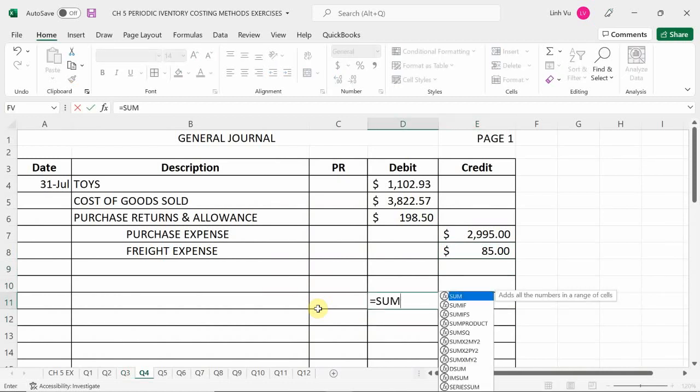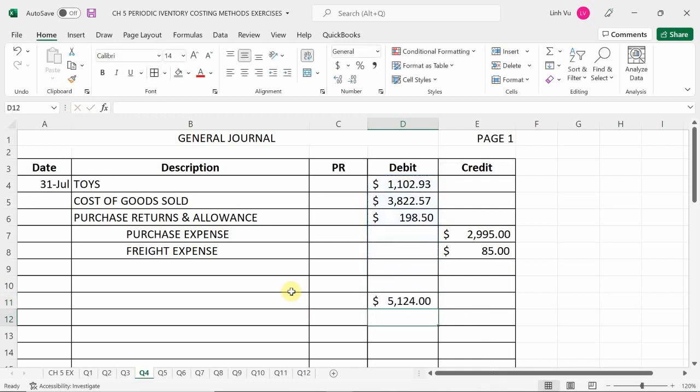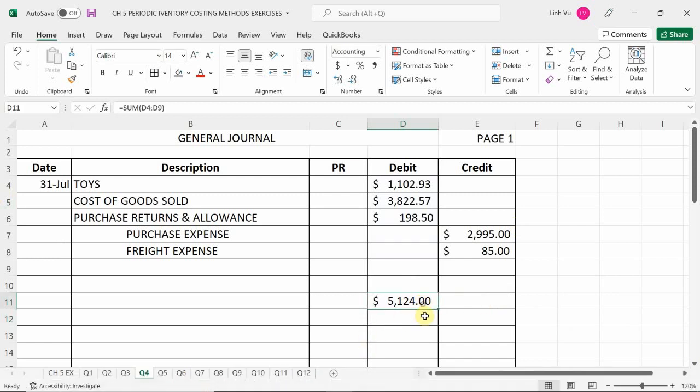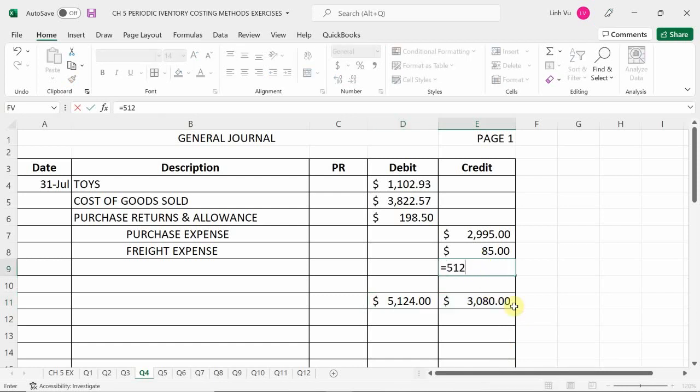Well, let's sum it, and then maybe that will help you. Okay, so I have a total of $5,124 on the left versus $3,080 on the right. So let's go ahead and figure that out.